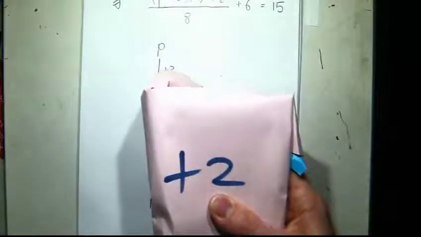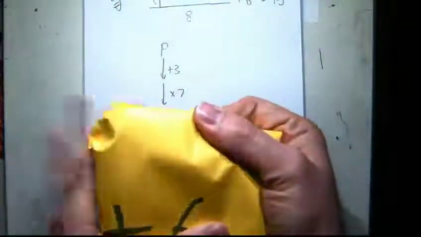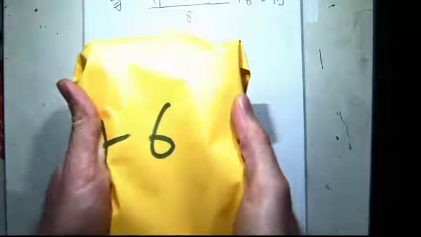And then after I added 2, I divided by 8. And then after I divided by 8, I added 6. And when I did that, this object is the number 15.